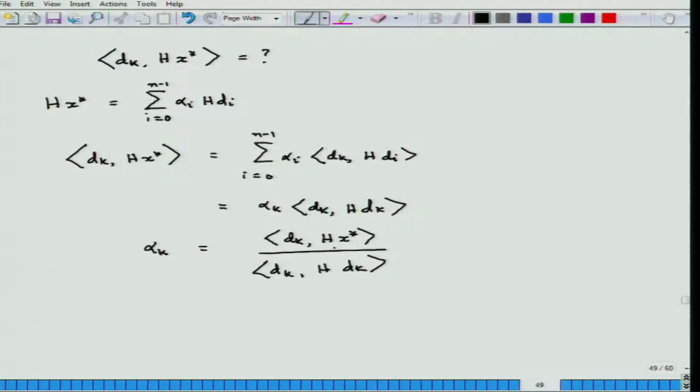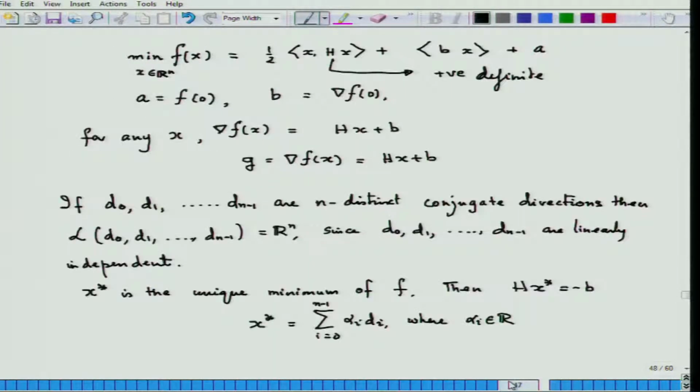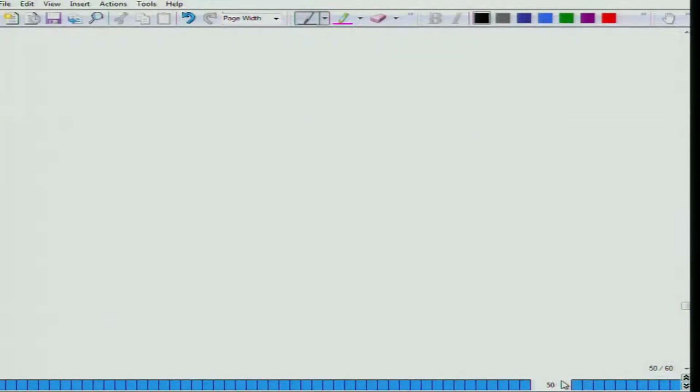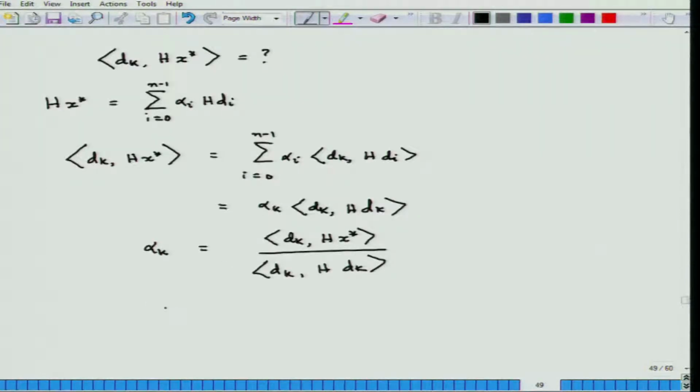Now, you also know that h x star is equal to minus b, because I have assumed that x star is the unique minimum. So what I would have here is alpha k equal to this. Once I know alpha k, I basically know x. For each k equal to 0 to n minus 1, if I know alpha k, I basically know x.